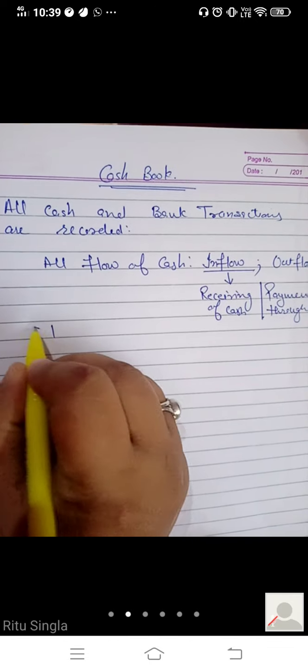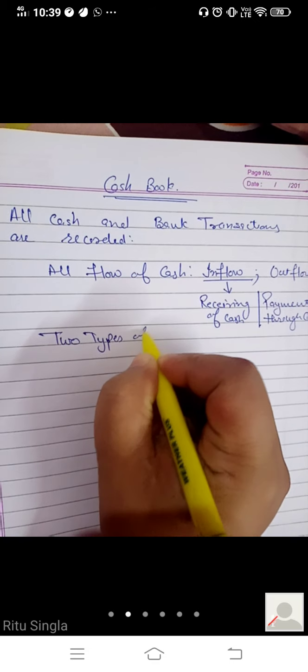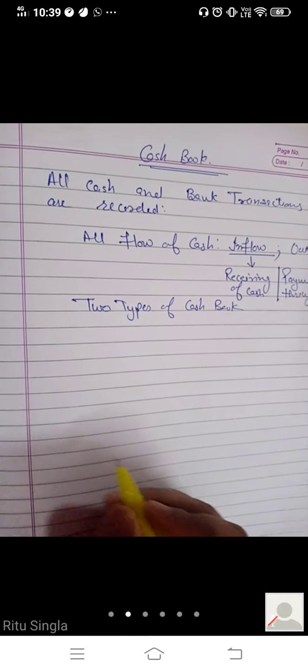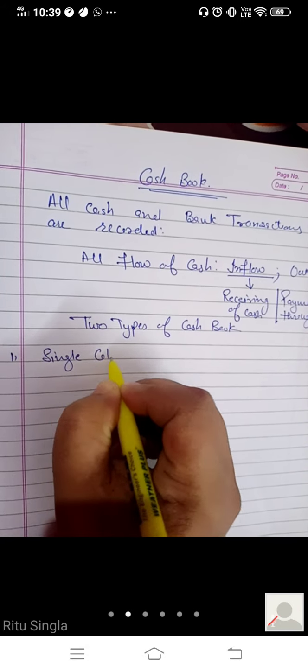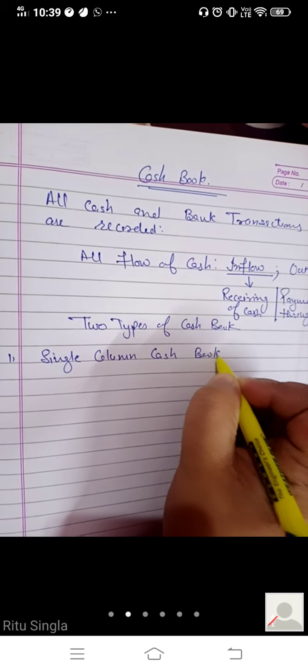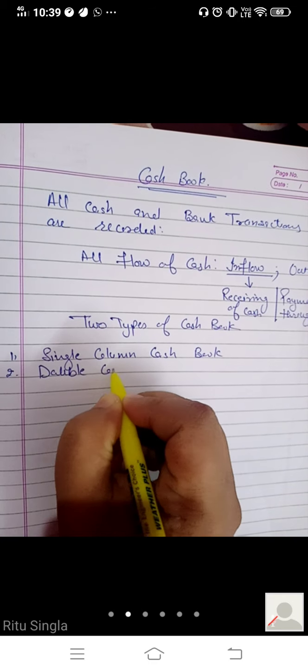We have two types of cash book. First is single column cash book, and second one double column cash book.